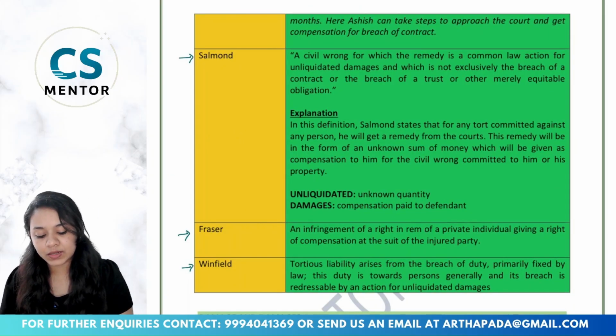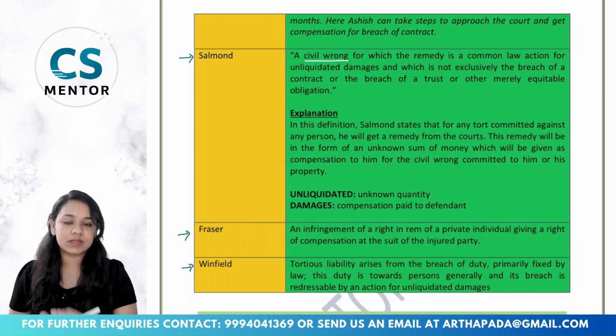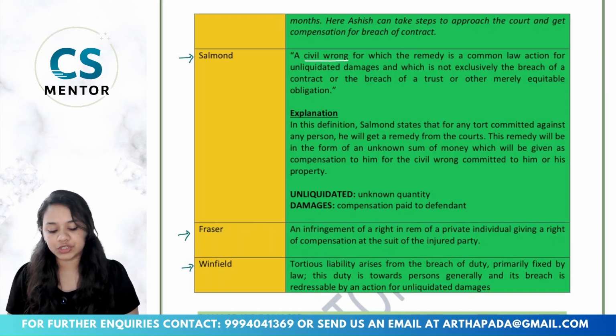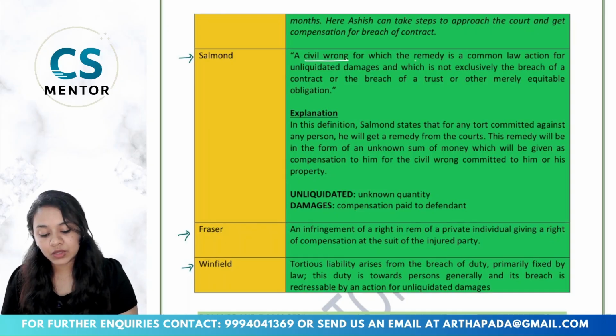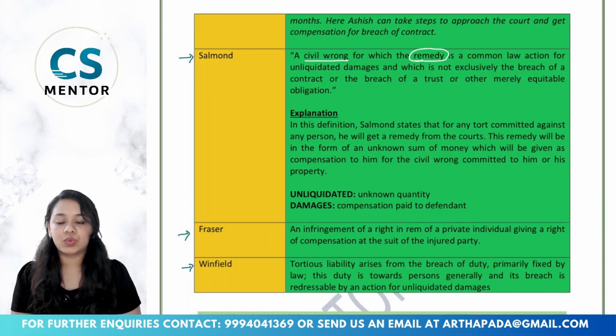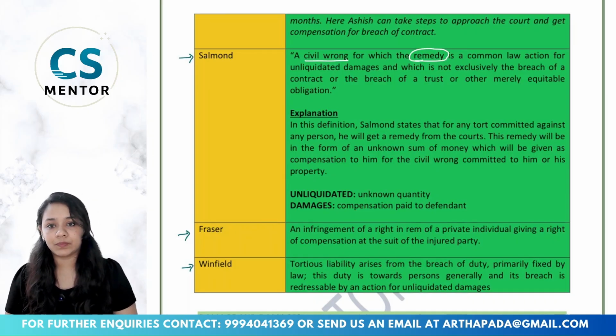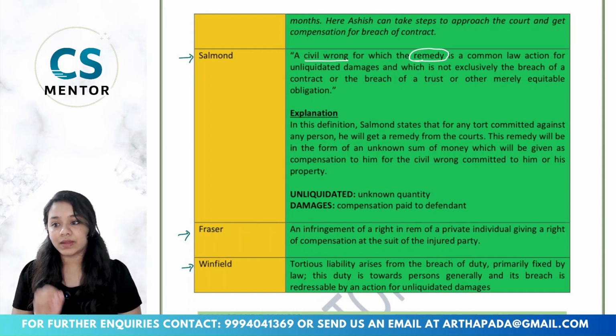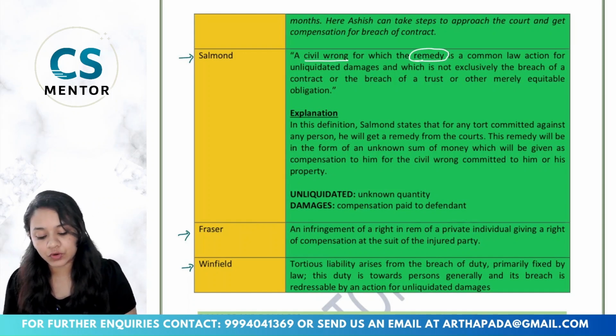Salmond is also saying that it is a civil wrong. So that is another common factor to all the definitions. But here he goes ahead and talks about a remedy. See, if there is a tort being committed against you, what is the remedy that you're going to get for it? Here, Salmond is saying that the remedy is an action for unliquidated damages.